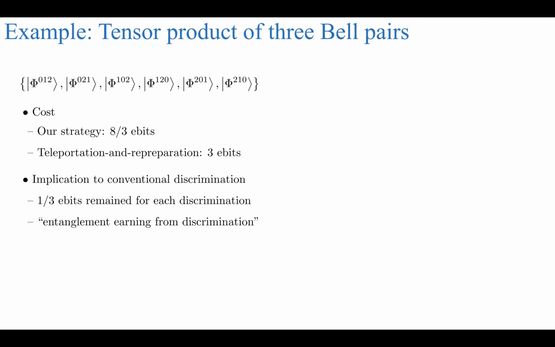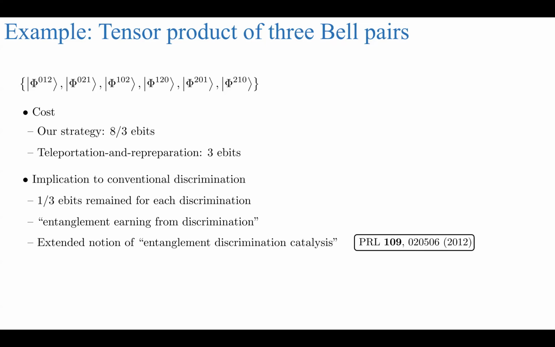This is not a free lunch, the referee supplies the entanglement, but in the referee's point of view, they end up owning additional entanglement. This is interesting because there was a notion of entanglement cost in the literature on state discrimination tasks.